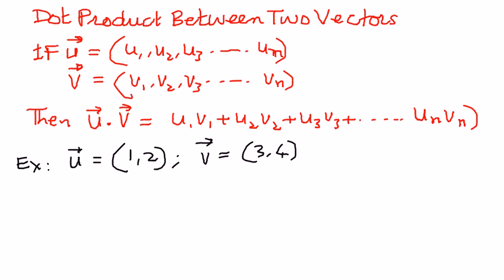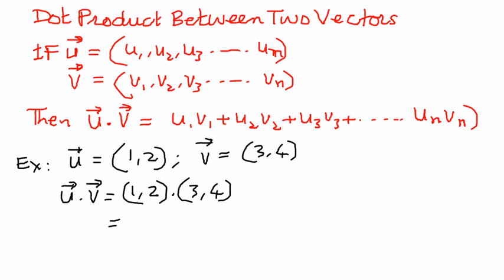If we want to find the dot product of these two vectors u dot v, how do we do that? 1, 2 are the components of the first vector, and 3, 4 are the components of the second vector.